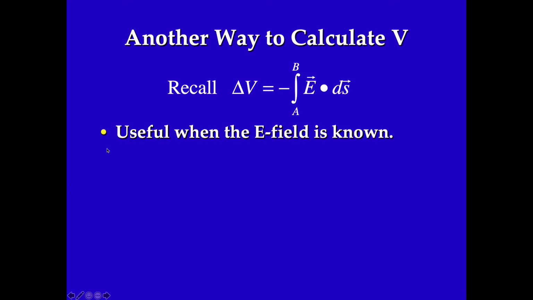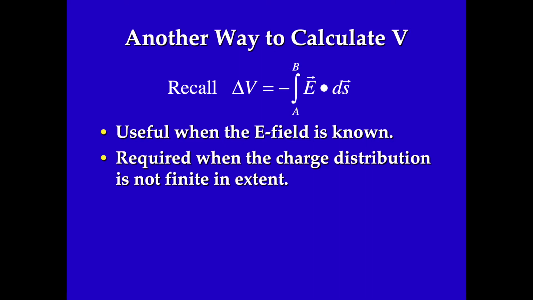So all I have to do is integrate the electric field over some path. It won't make a difference what path I choose because this integral is independent of the path. So I pick a path that's convenient for me. Of course, you have to know the electric field due to the charge distribution in order to use this. You have to use this when the charge distribution is not finite in extent. That's important to remember.